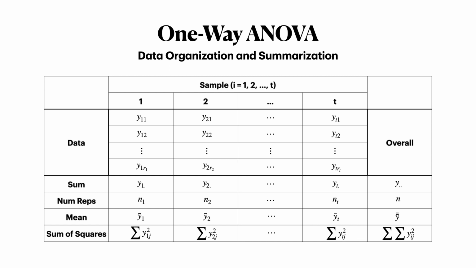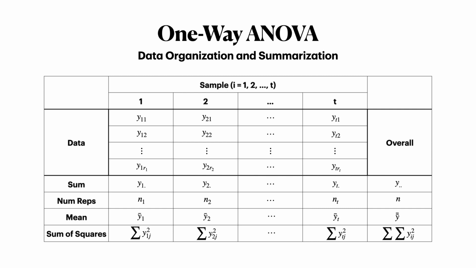So we can see here that the columns correspond to the treatments. We have t treatments, and so in the body of the table, we have t columns. The rows in the body of the table correspond to observations. And then at the bottom of the table, we have a number of rows of summary statistics calculated for each column.